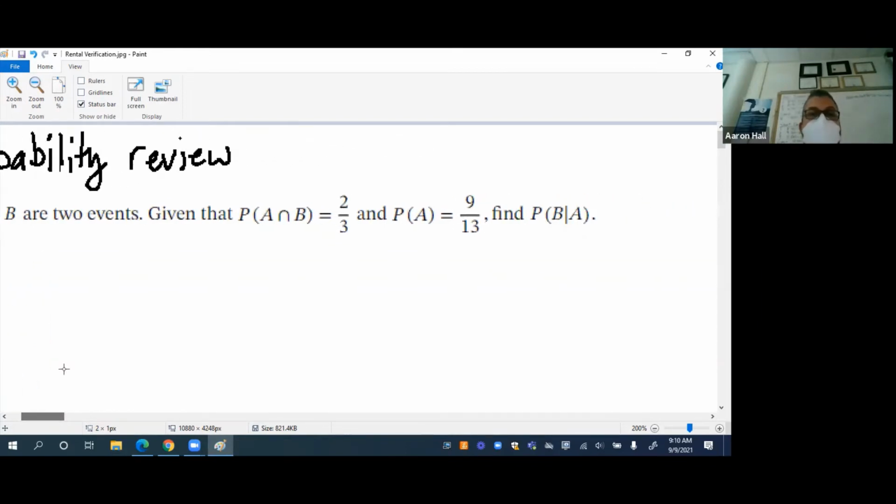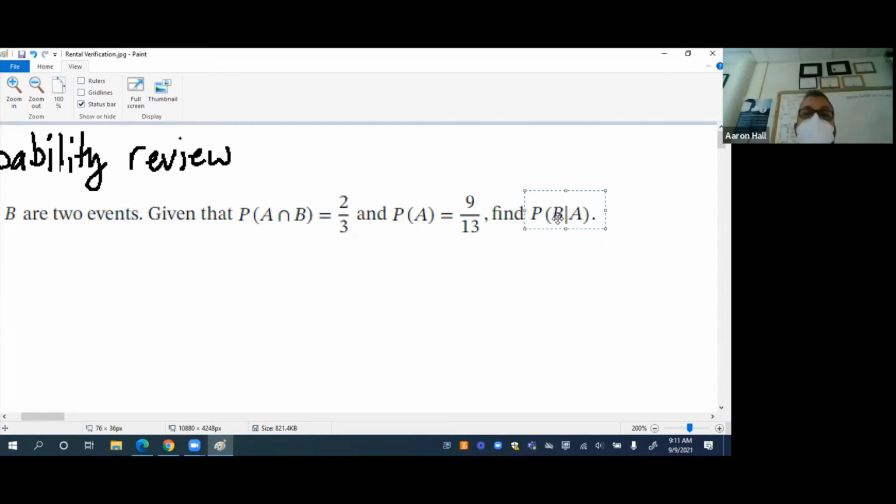Well, it says, given that, how do we read this? Yeah, probability of A and B is 2/3. And then it says here probability of A is 9/13, and then I have to find this. What are they asking here? Yeah, this is a conditional statement.